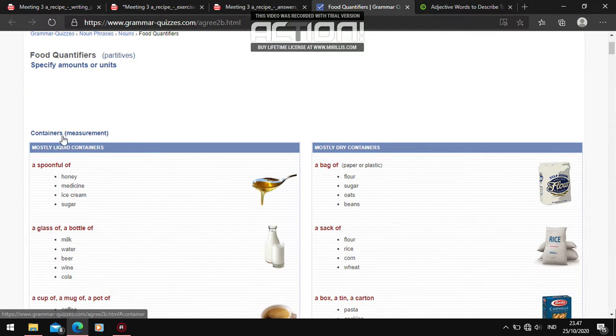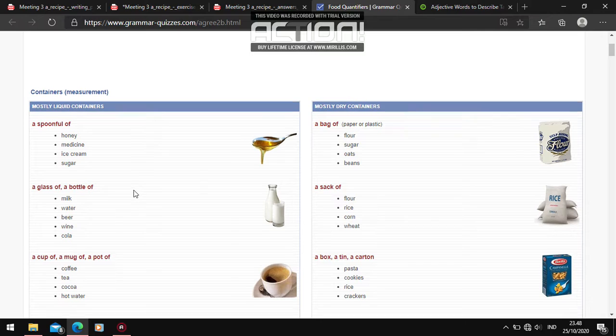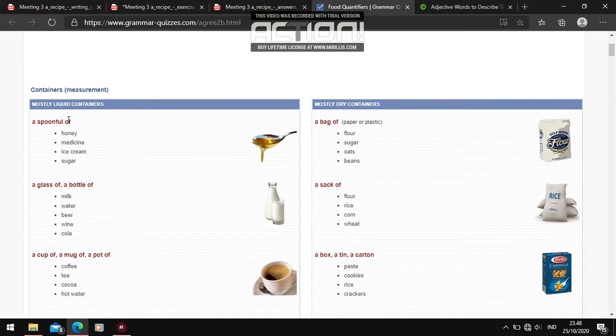The first one is containers or measurements, mostly liquid containers. If you want to say something in liquid, you can use the words a spoonful of, one full spoon. Examples could be honey, medicine, ice cream, sugar.